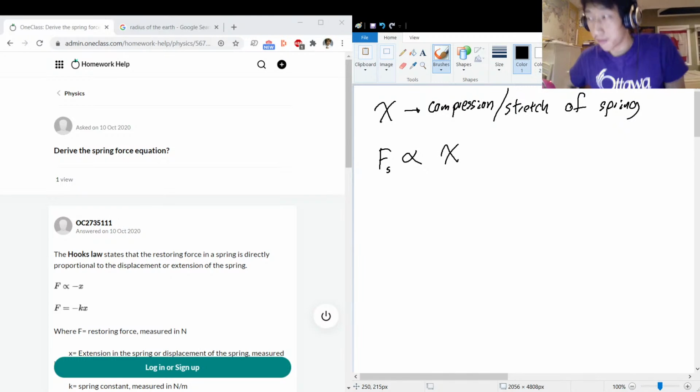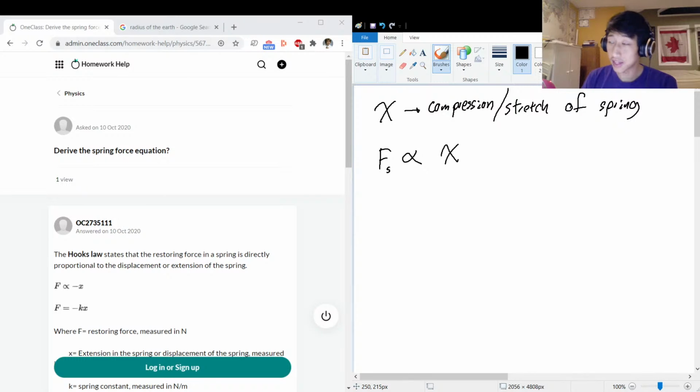Now we know that the spring force, Fs, is going to be proportional to x. Another way to describe compression or stretch is the deviation, or the change in distance from its natural rest position. So Fs is proportional to x.